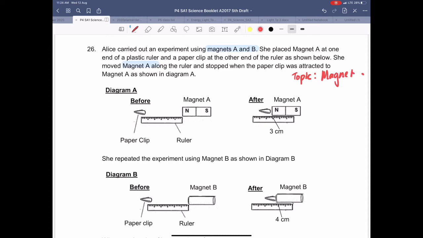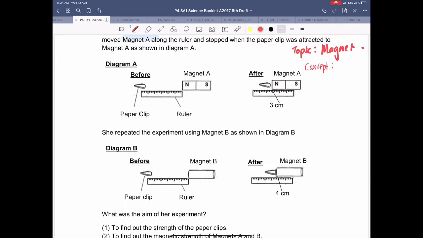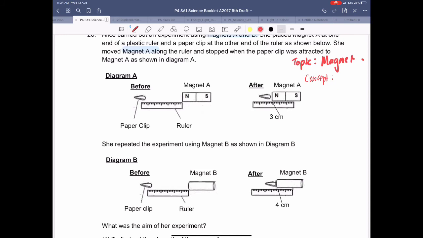And the concept over here that you should actually get, you would look at it and go, oh, okay, I have distance over here. I'm looking at moving the magnet until it starts to attract.